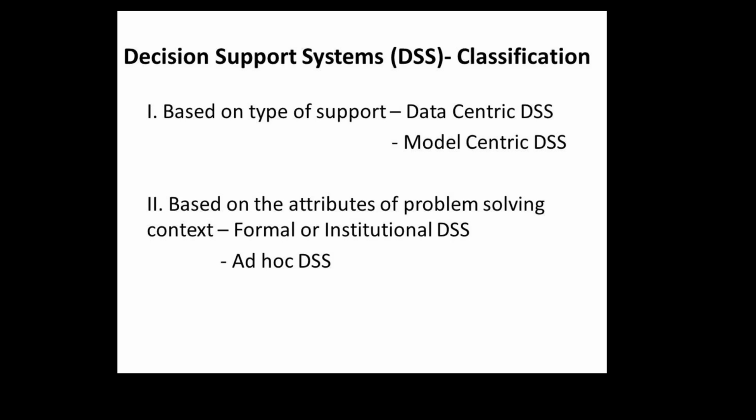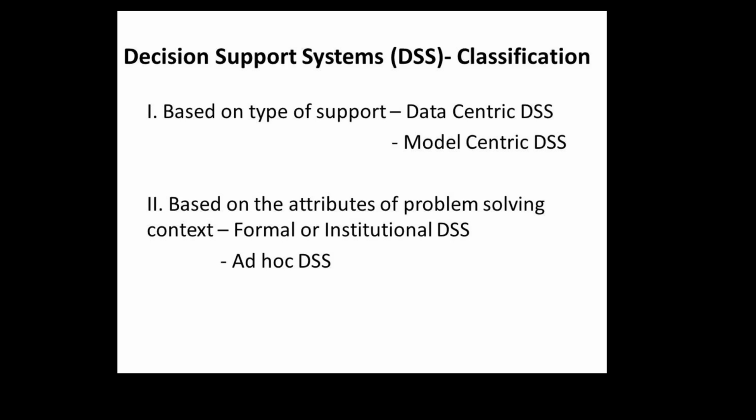Formal or institutional DSS means it is designed to focus on the decisions that are periodic and recurring within the organization. So there is a regular interaction with the DSS to ensure consistency and effective and efficient decision outcome. So this particular classification of DSS is designed to focus on decisions which are periodical, recurring in nature on a daily basis.